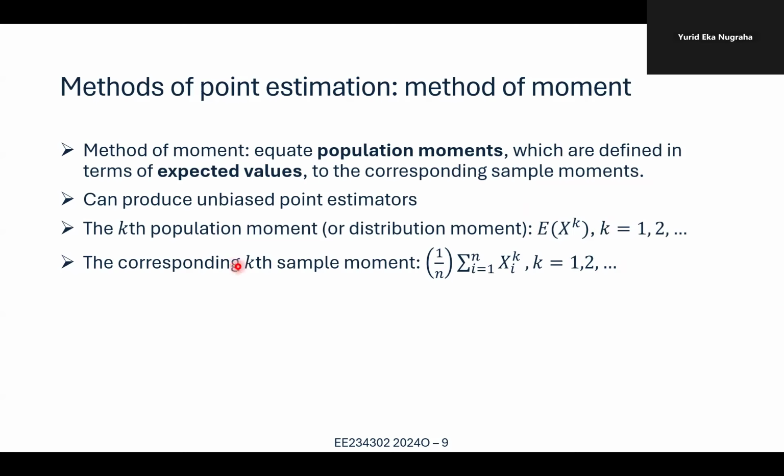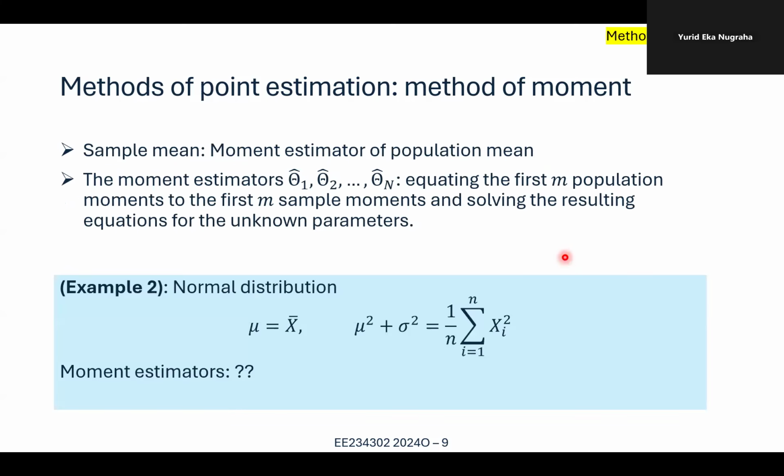And the corresponding kth sample moment is 1 over n times the sum of xi to the power of k, where k is 1, 2, and so on.